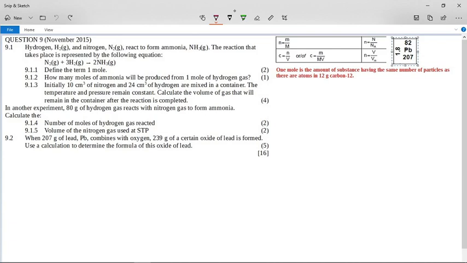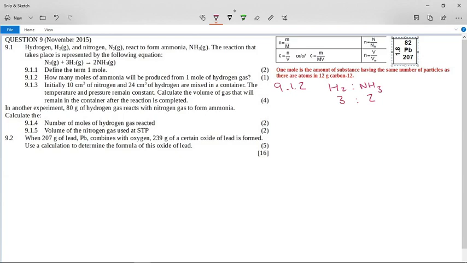Now it says to you, how many moles of ammonia will be produced from 1 mole of hydrogen gas? So here we're going to use Avogadro's law, okay? And if we look at the equation, the mole ratio, hydrogen reacts to form ammonia, and if we look at the coefficients from the balanced equation, there are 3 hydrogens producing 2 ammonias.